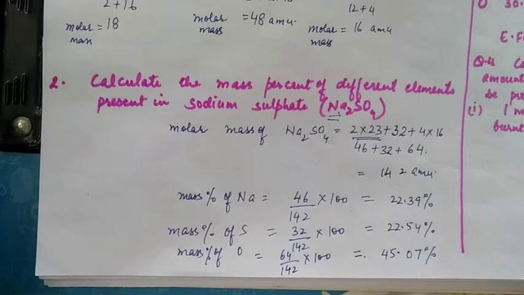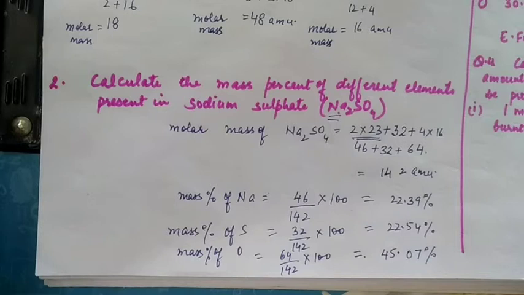Calculate the mass percent. Let us calculate the mass percent of sodium first. Mass percent of sodium will be mass of sodium upon total mass into 100.